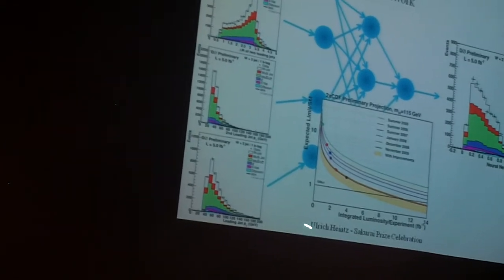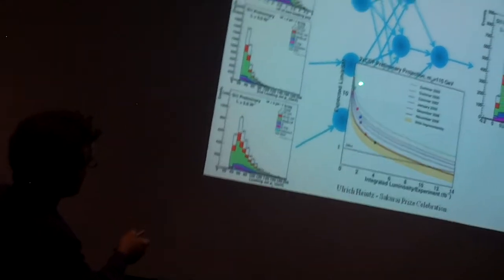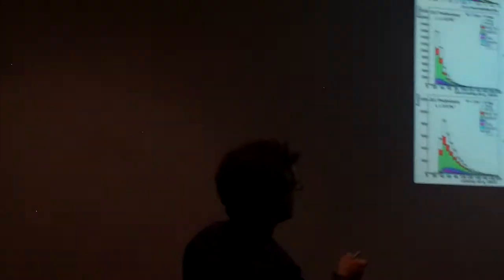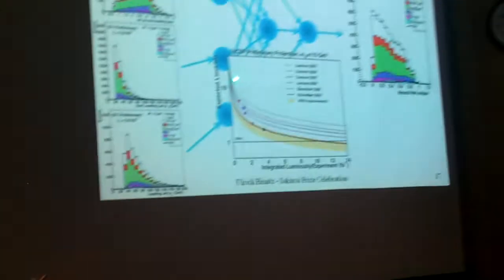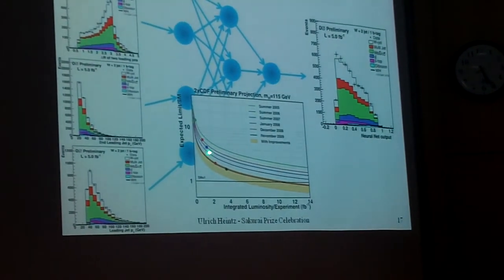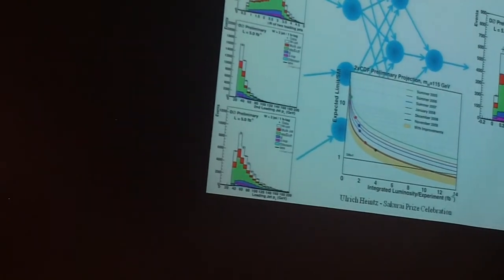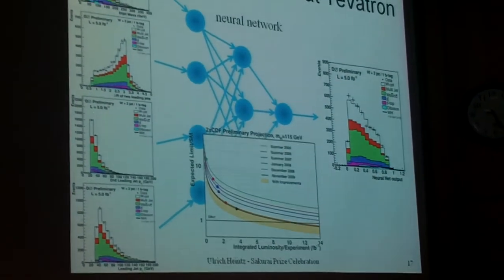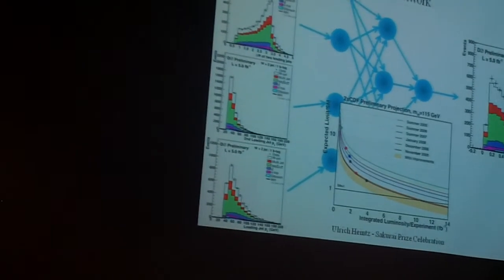And I like this plot because it shows you the results, the limits set on the Higgs cross-section, which are these colored points. The cross-section limits get smaller and smaller as the amount of data increases. If it simply was the number of events that you get more, then it would go as 1 over the square root of the luminosity, or of the amount of data that you have.